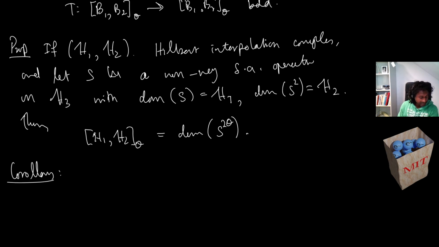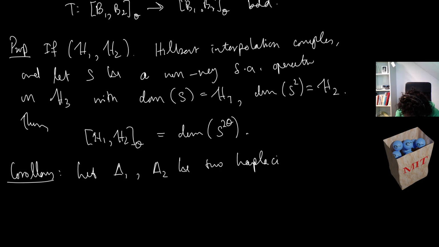So what is the corollary now? The corollary is, so let Laplacian 1, Laplacian 2 be two Laplacians on E over M prime.